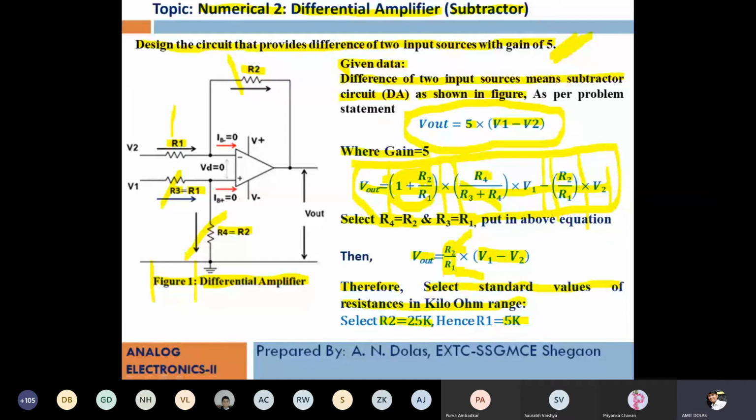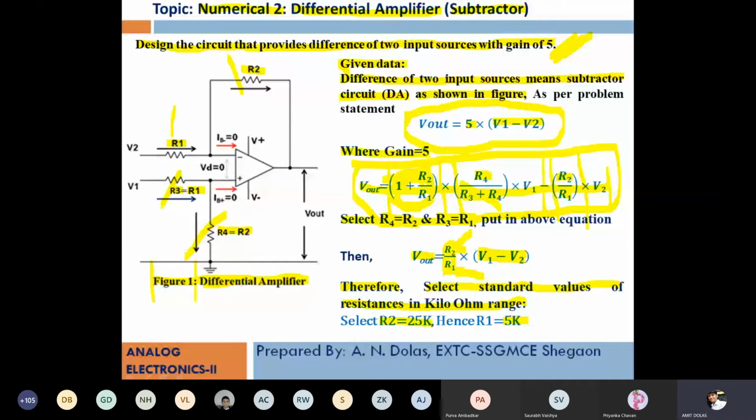What if the equation has both operations together, that is addition as well as subtraction, like an equation V out is equal to V1 plus V2 in the bracket, of course, minus in bracket V3 plus V4. Means we have to add V1 and V2, add V3 and V4, and from the addition of V1 and V2, we have to subtract V3 and V4.